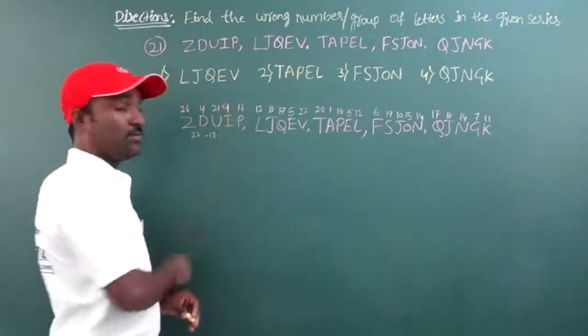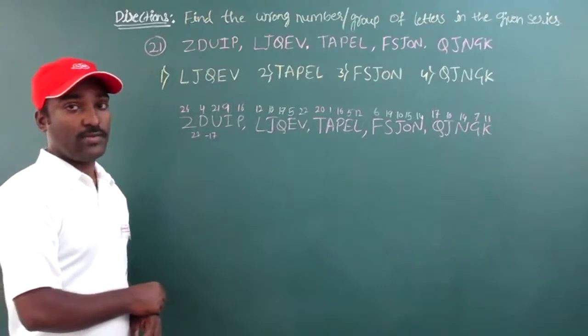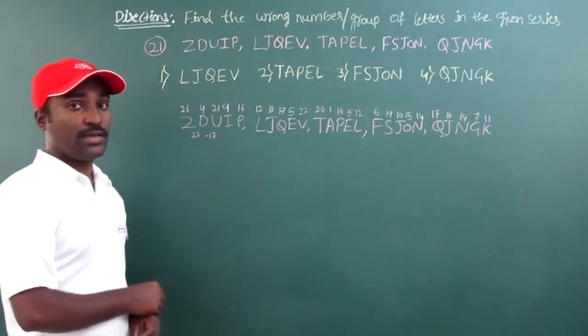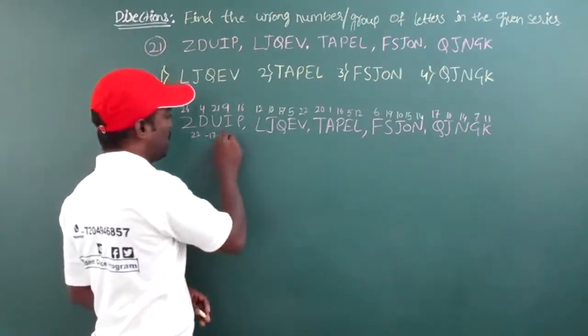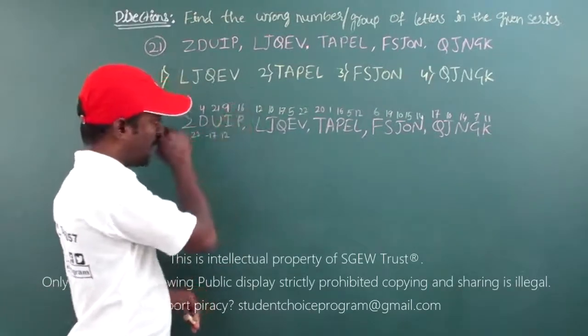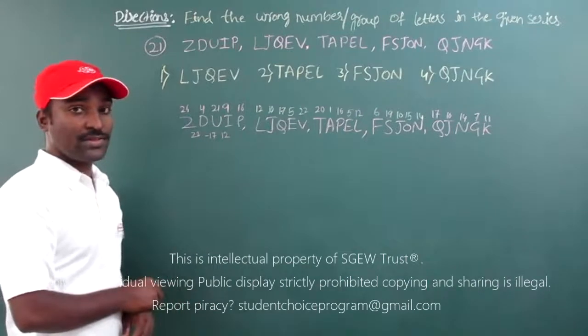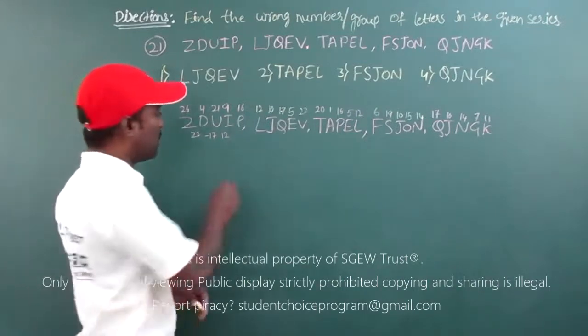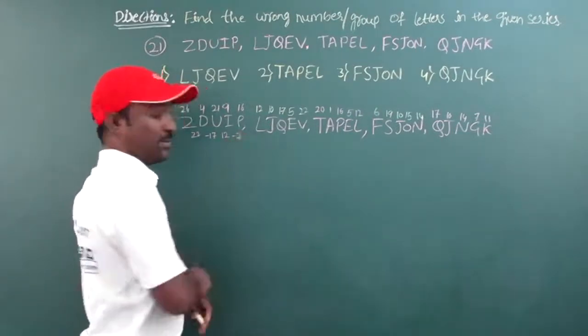Next, 21 minus 9 is 12. Now 9 minus 16 is minus 7.